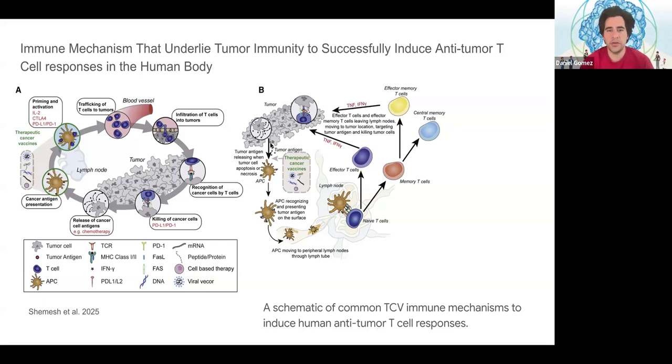And the recognition of cancer cells by T cells happens in the tumor. So you have tumor cells and the recognition of cancer cells by T cells. And the killing of cancer cells happens with PD-L1 and PD-1 interaction. You can see that where the T cell interacts with the tumor.